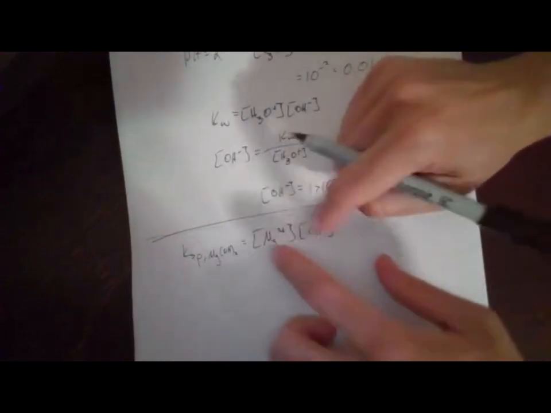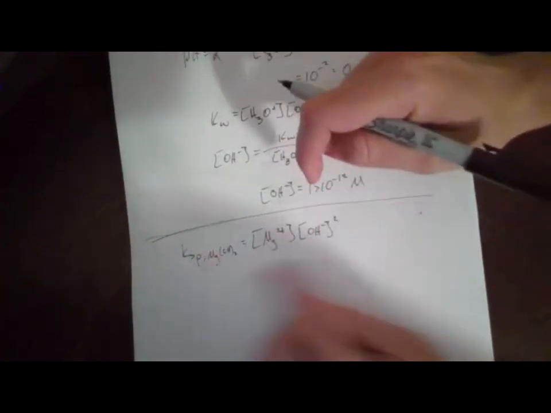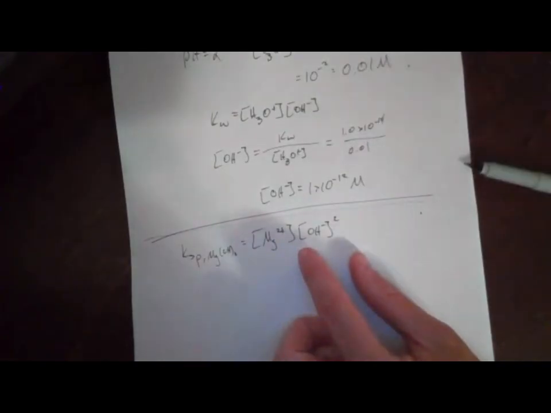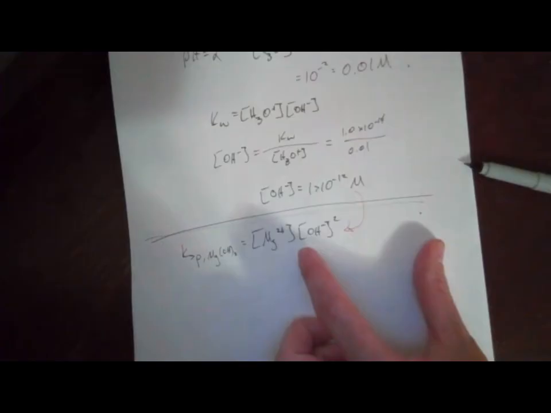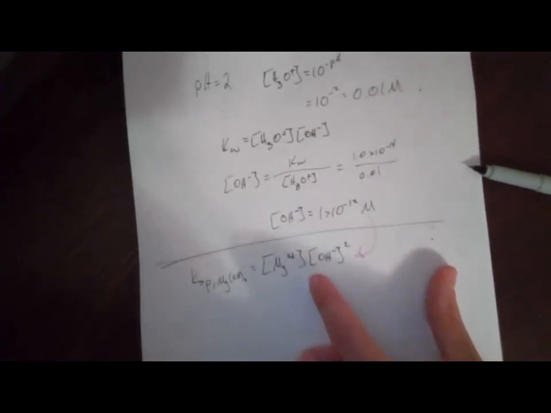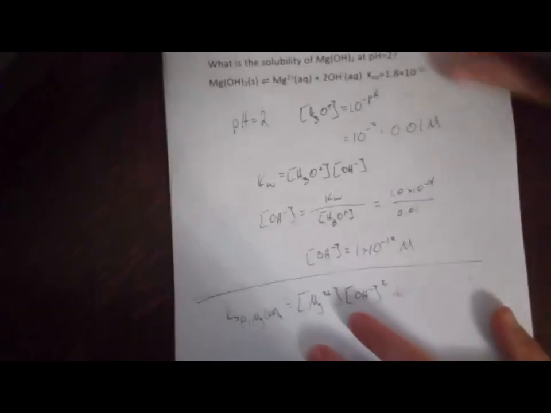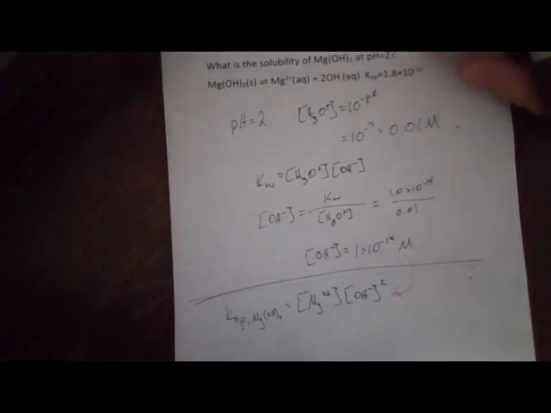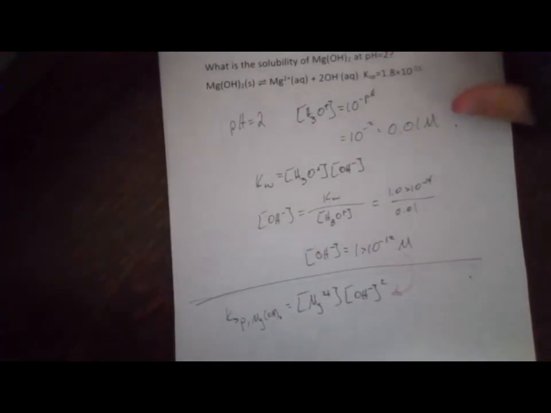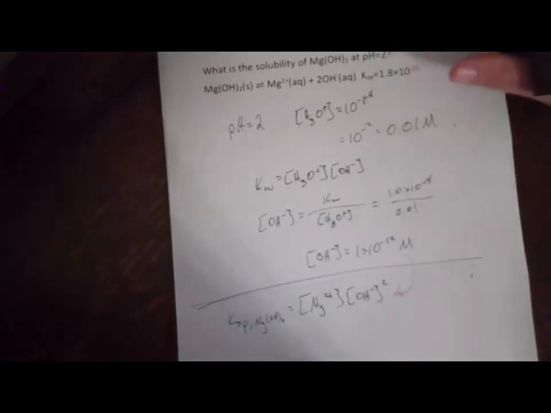Normally we think about these two ions coming from the dissolved solid, but in this case, hydroxide comes from the acid-base chemistry, because it's pH 2. And so we can make a little bit of an approximation that the concentration doesn't change. You're just at this pH 2. You have enough acid to maintain pH equals 2, and so what we would do then is plug that value in.